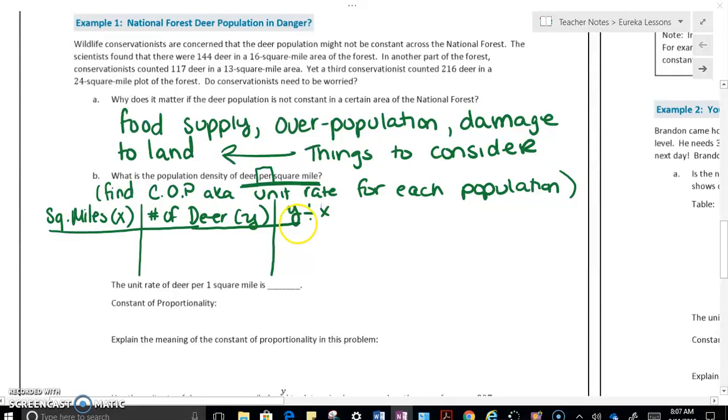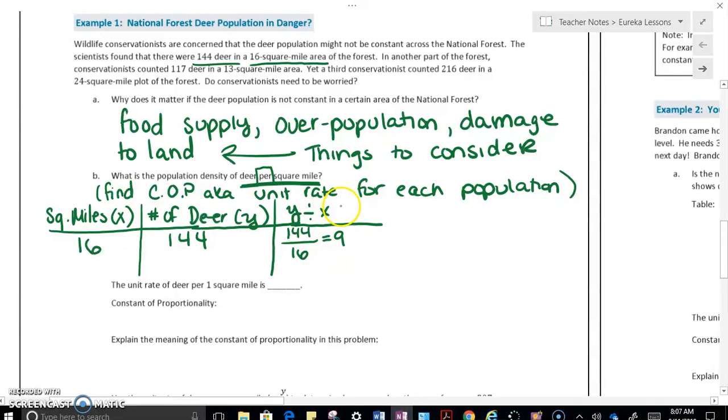Y divided by X. So for 16 square miles, according to the word problem, there's 144 deer. So we should do 144 divided by 16, which equals 9.